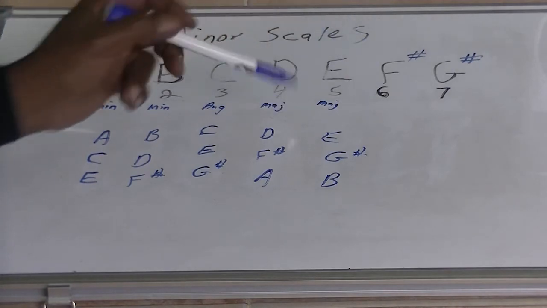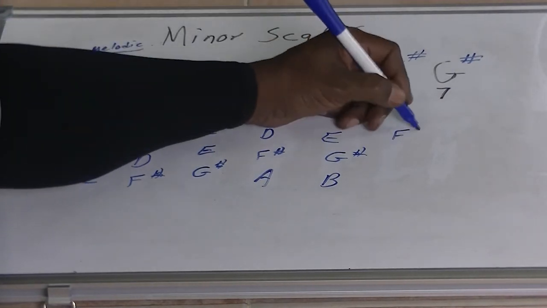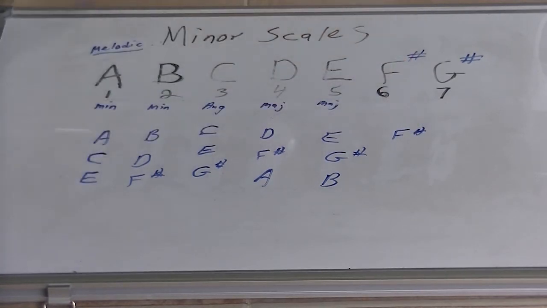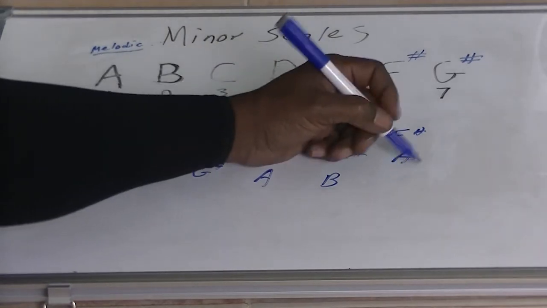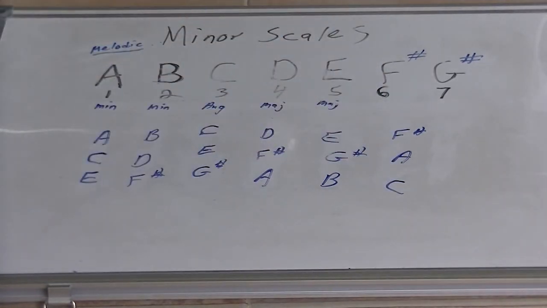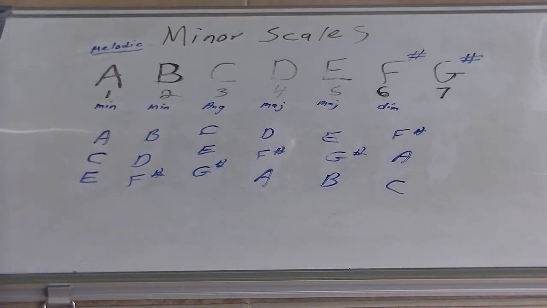And moving on, now we have an F sharp chord. So we start with an F sharp, and our next note becomes A, and then our next note becomes C. So we now have a diminished triad. So now our 6th chord is diminished.